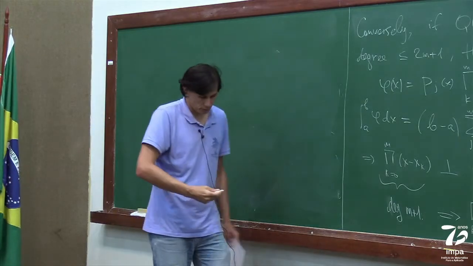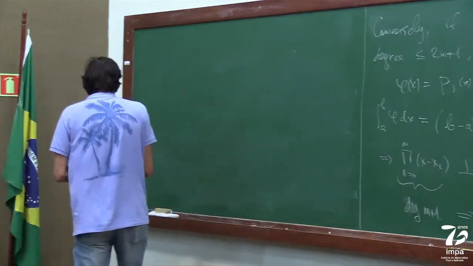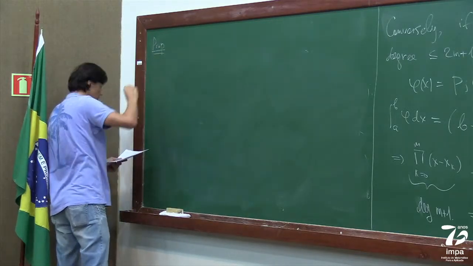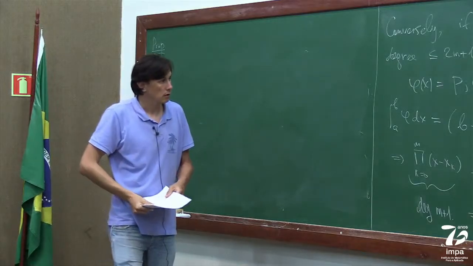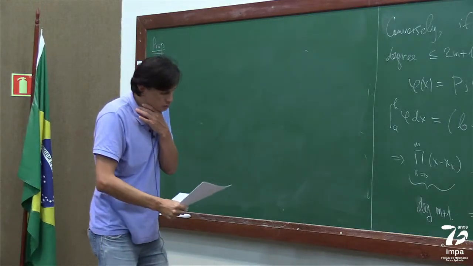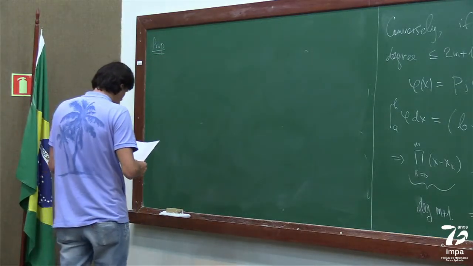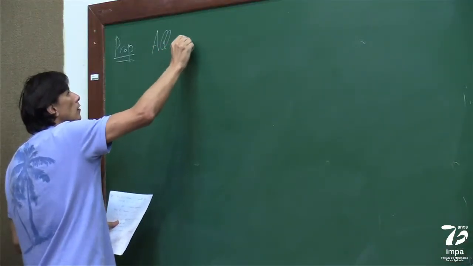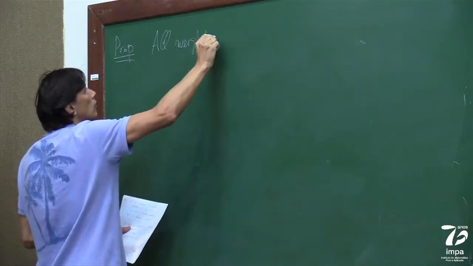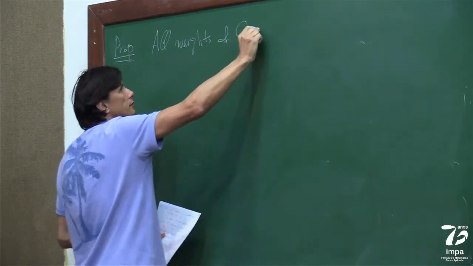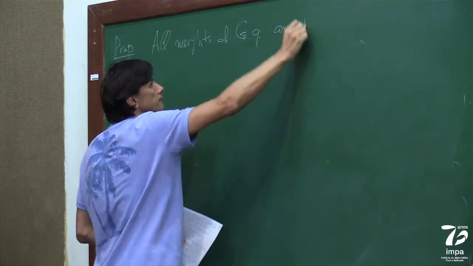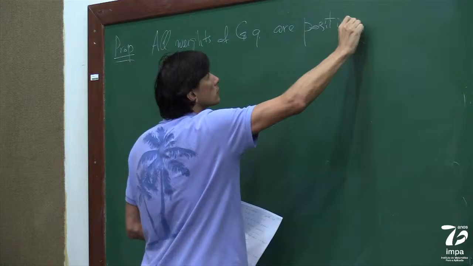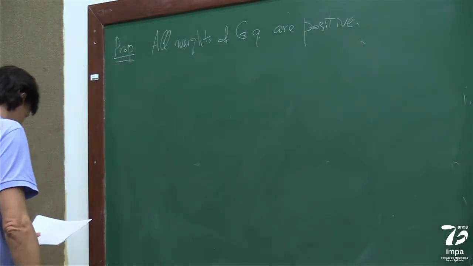Okay, so another thing to prove about this method is that, since we optimized coefficients, it's nice to know that they're positive. So another proposition: all weights of Gaussian quadrature are positive. So you don't need to subtract anything.